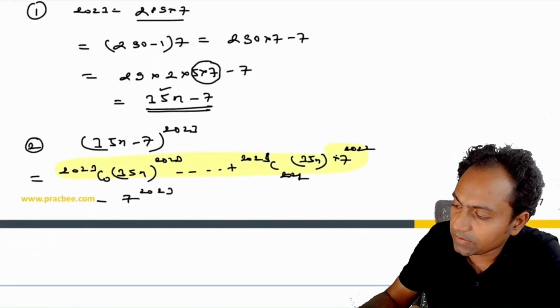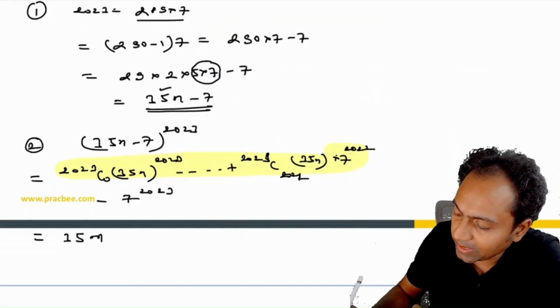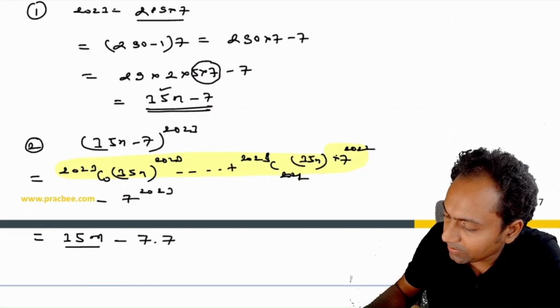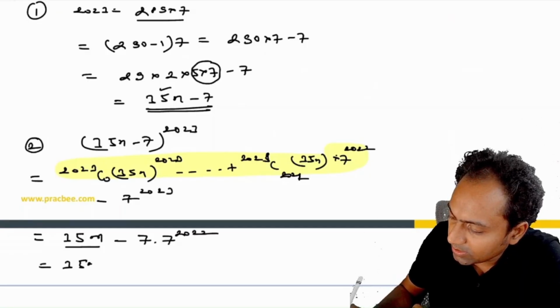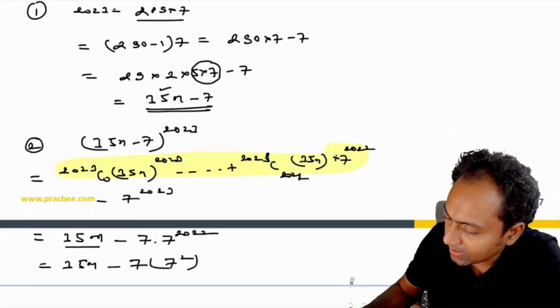So now if I simplify it, it can be written as 35 times some m, and what you are getting is 7 raised to the power 2023. That can be written as 7 into 7 raised to the power 2022. So 35m minus 7, and here 7 square can again be written as nothing but 49.